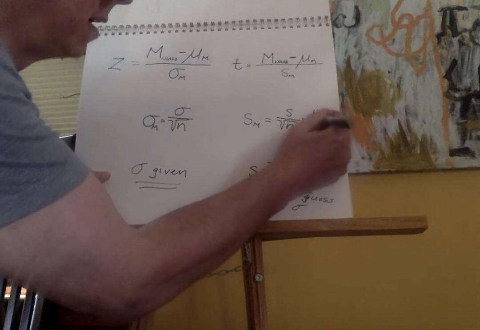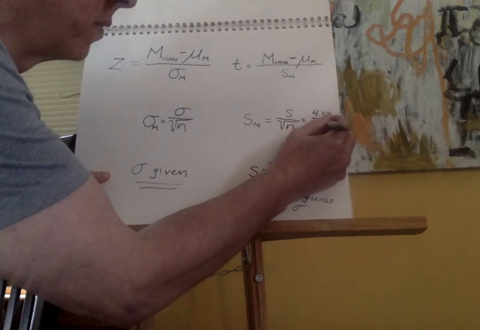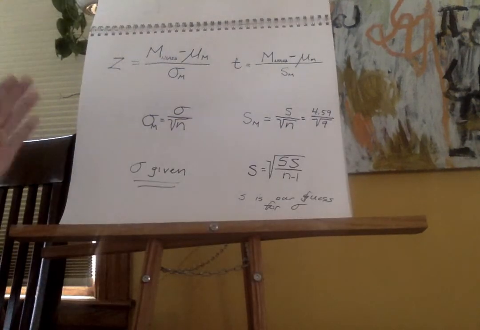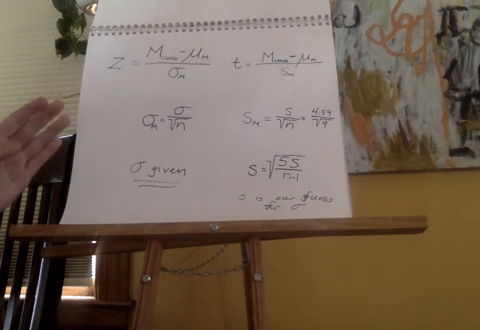4.59 now divided by the square root of 9. I'm not going to subtract 1 in that case.